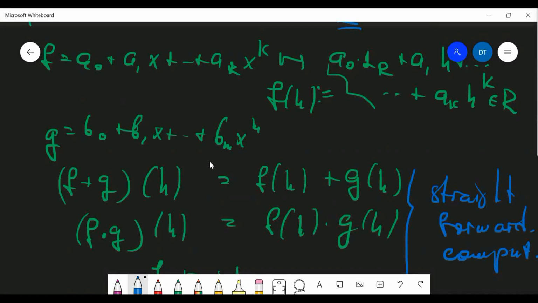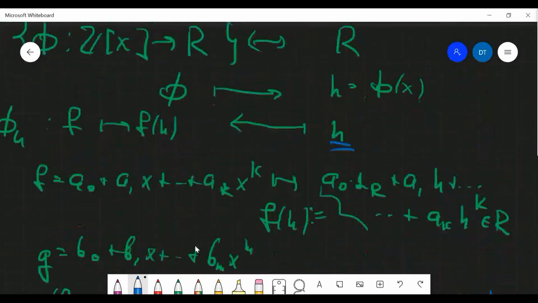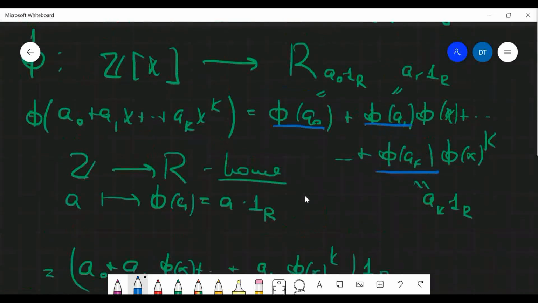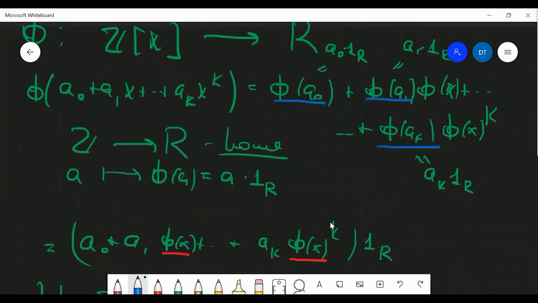So each element of the ring R defines a homomorphism. How does it define? Well, it says where you need to send your element x, your variable. And the computation above shows you that if you know the image of a variable, then the image of each polynomial is uniquely defined by this formula.